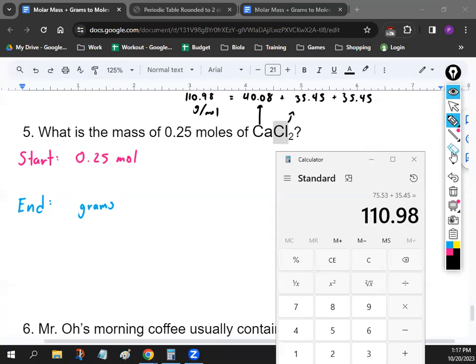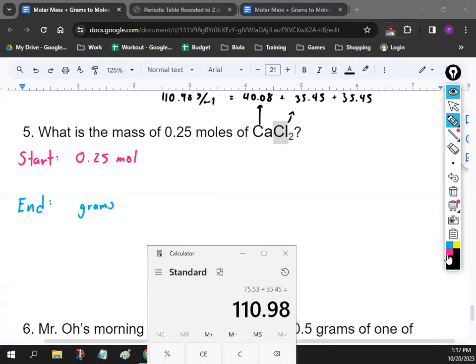All right, so what we're going to do now is use the molar mass in order to turn moles into grams. So let's set up our fraction. Whenever you set up your fraction, I told you guys earlier, take your starting number. So your starting number is 0.25 moles. And then you're going to set up a fraction like that.